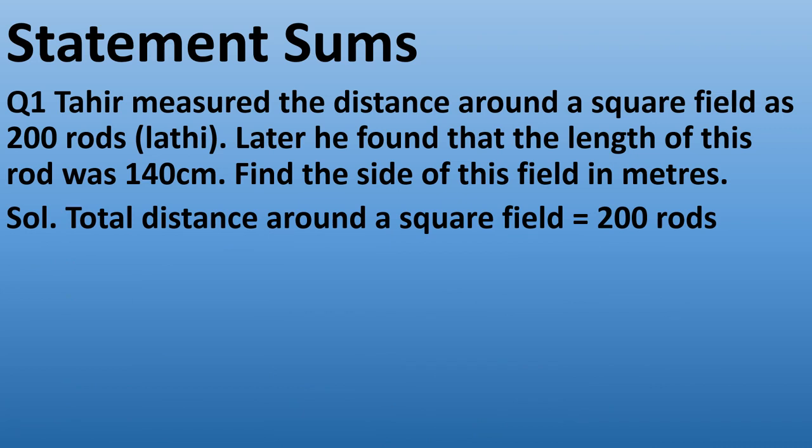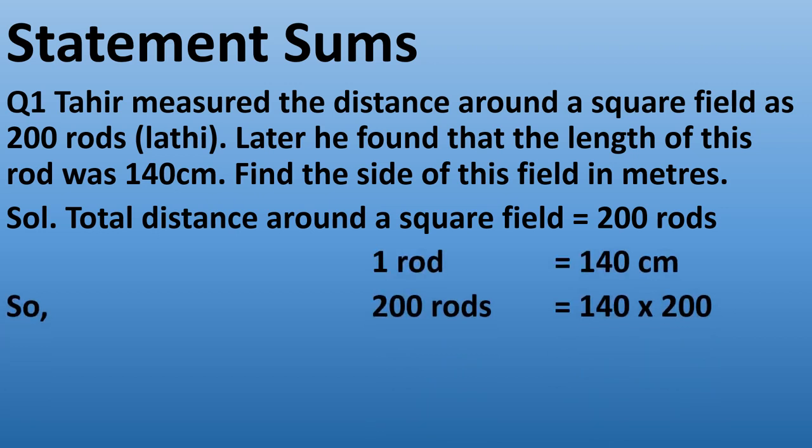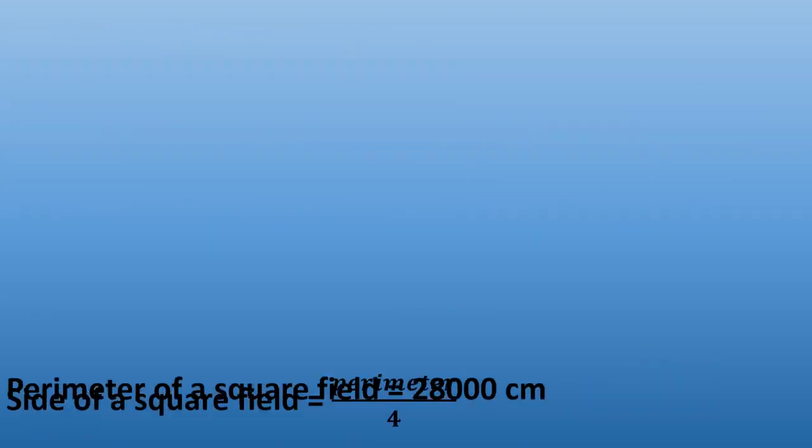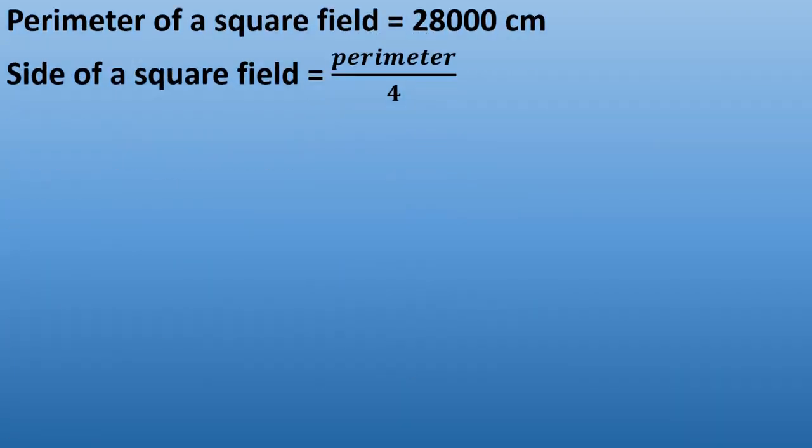So 200 rods measures 140 multiplied by 200, which is equal to 28,000 centimeter. Okay, so this 28,000 centimeter is the total distance around a square field. Now total distance around a square field means this is the perimeter of a square field.